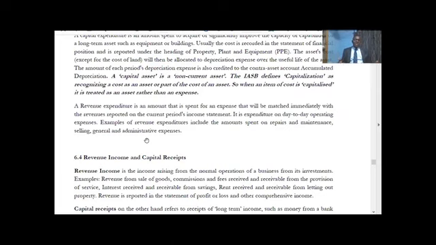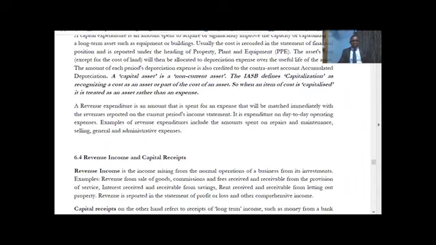So I hope and trust that you'll be able to distinguish between what a capital expenditure is and what a revenue expenditure is. Capital expenditure benefits the company for more than one accounting period, whereas revenue expenditure benefits the company for just a year. Revenue expenditures are also those expenses that are incurred in earning revenue.